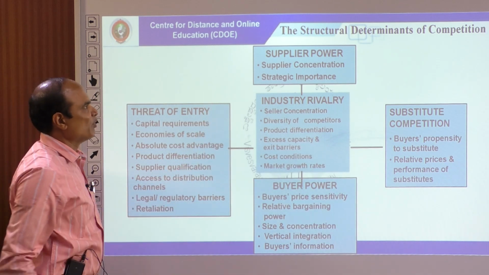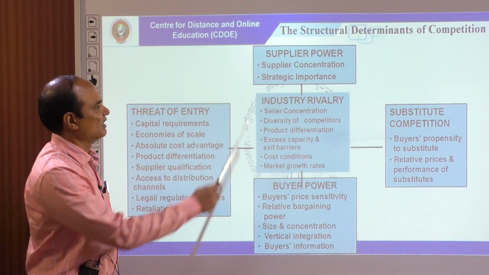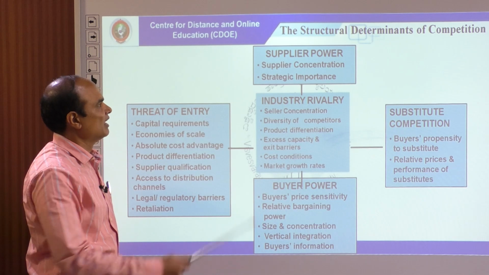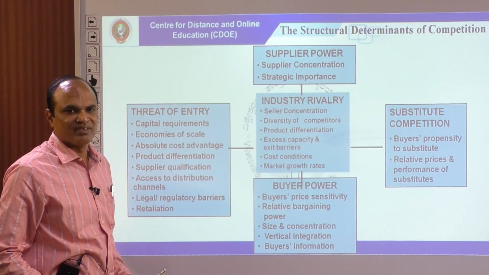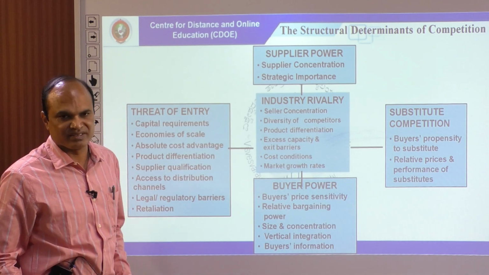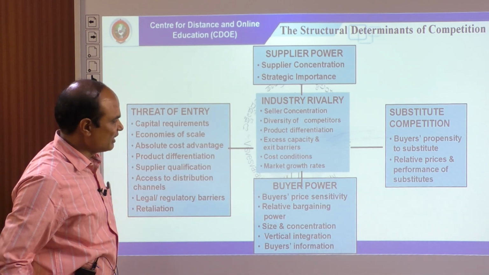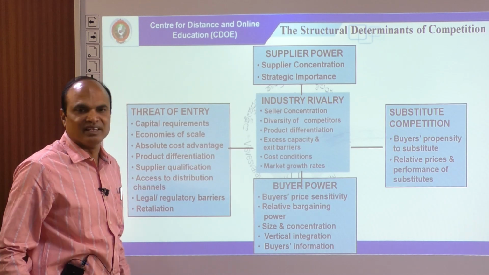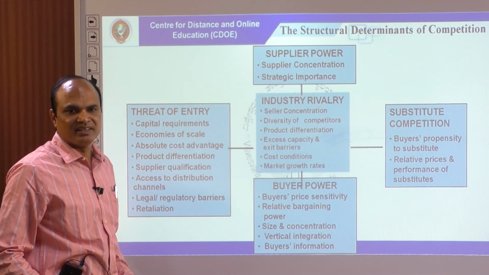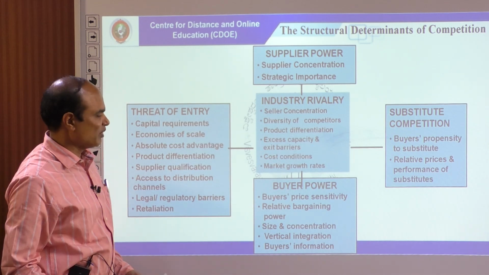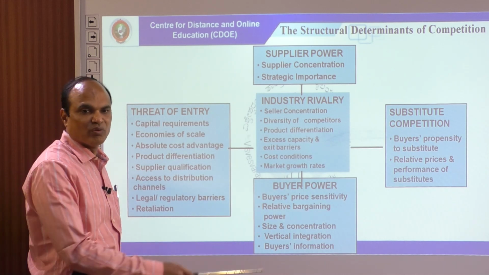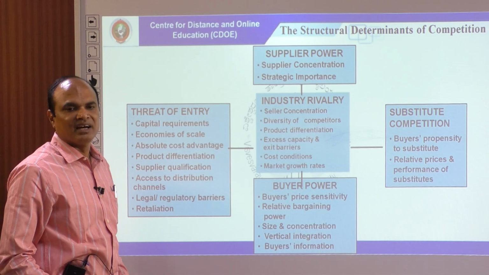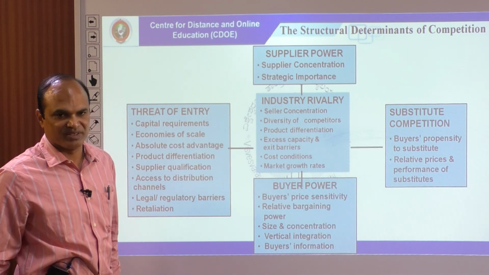Coming to supplier power: supplier concentration and the supplier's strategic importance vis-a-vis the buyers. Then buyer power: the buyer's price sensitivity, relative bargaining power, size and concentration, vertical integration and buyer's information.